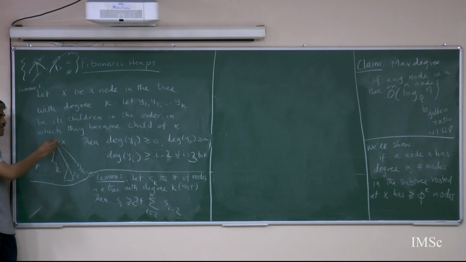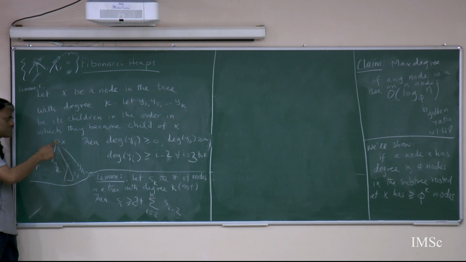I'm looking at it from the basis of the degree. Suppose any tree with a root having degree k has a minimum number of nodes, some S_k. Okay, just a symbol. Then by induction, what is S_k?